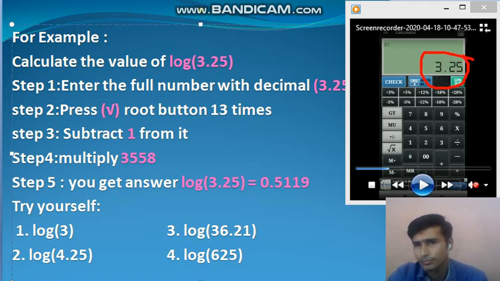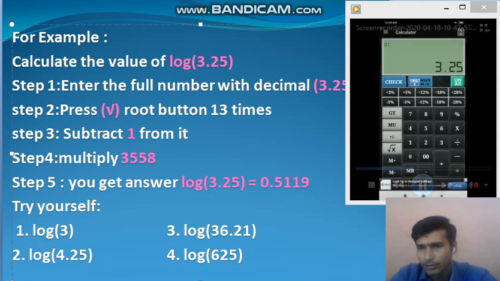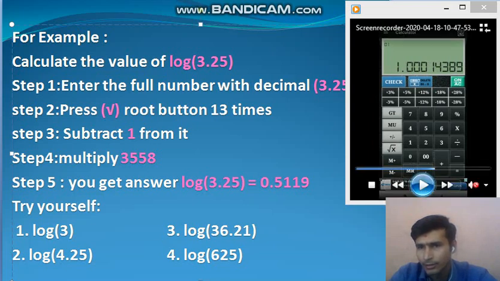Now press the square root 13 times in the calculator: 1, 2, 3, 4, 5, 6, 7, 8, 9, 10, 11, 12, 13.